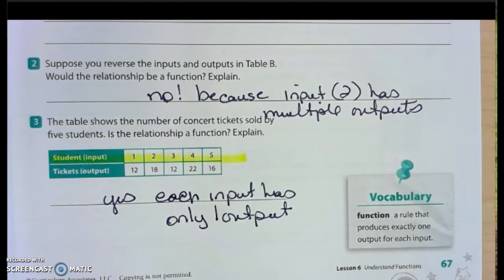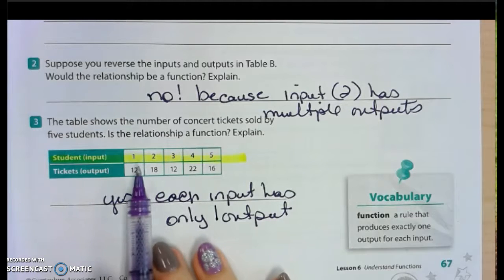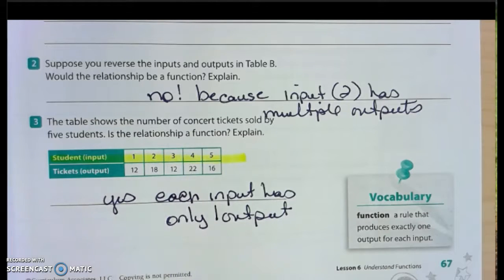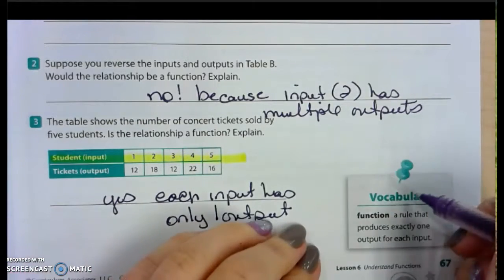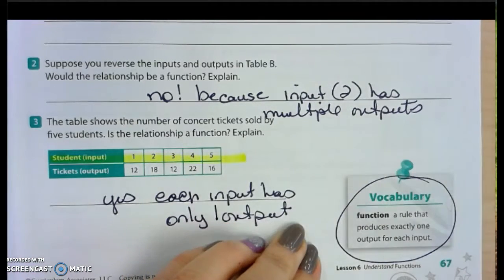All right, so each input has only one output. It's okay that 2 different students both sold 12 tickets. It's just not okay for one student to have multiple outputs. All right, they gave you another vocabulary word here. Function, a rule that produces exactly one output for each input.